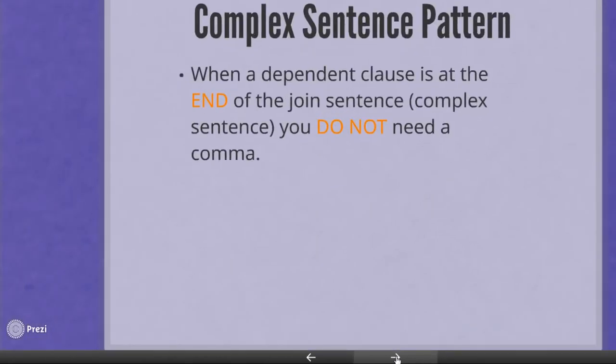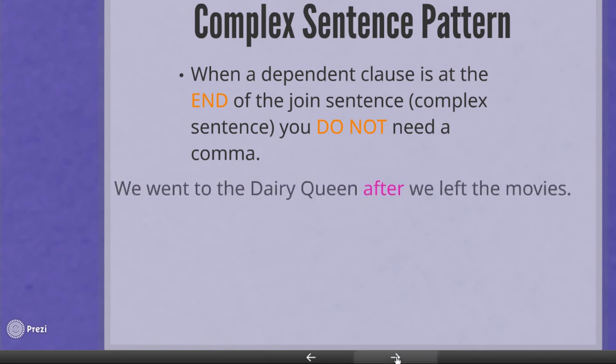Okay, so now let's look at what happens if we change the position of our dependent clause and our independent clause. When a dependent clause is located at the end of the complex sentence, you do not need a comma. So let's take a look at the example. We went to the Dairy Queen after we left the movies.